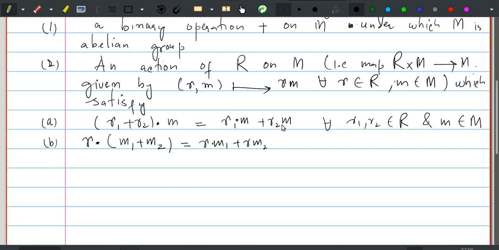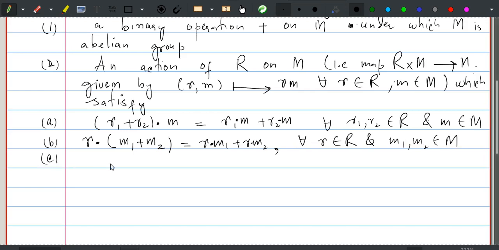This is multiplication here. This is also called the scalar multiplication. The elements of R are called scalars. This is for all r in R and m1 and m2 in M.